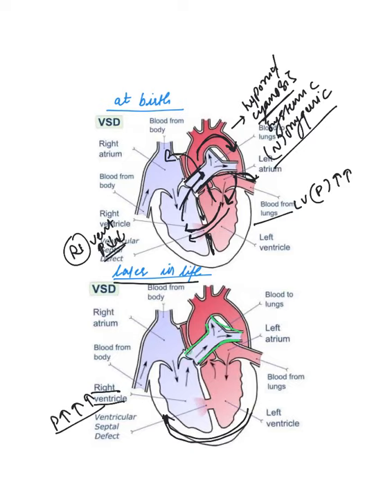So slowly and steadily, the endothelium of the pulmonary artery starts to proliferate and obliterate the lumen. So now the right ventricle has to generate more pressure in order to pump blood into the pulmonary circulation. So at a later stage in life, the pressure in the right ventricle becomes much more than the pressure in the left ventricle.